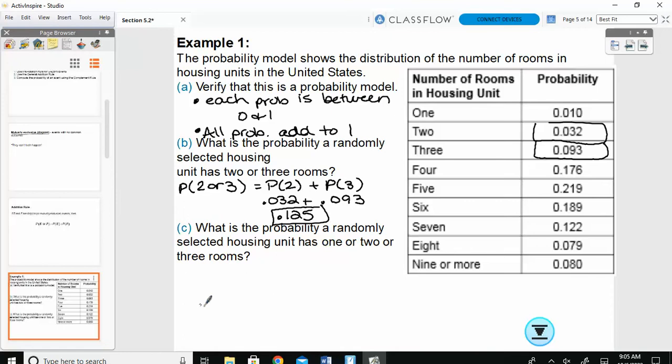Alright. What's the probability that a randomly selected housing unit has 1 or 2 or 3? So the addition rule in our formula sheet only shows you adding 2 things, but you can do as many as you want, as long as they're mutually exclusive. So we just have to add all three probabilities.